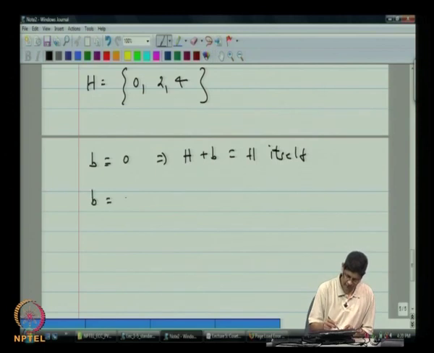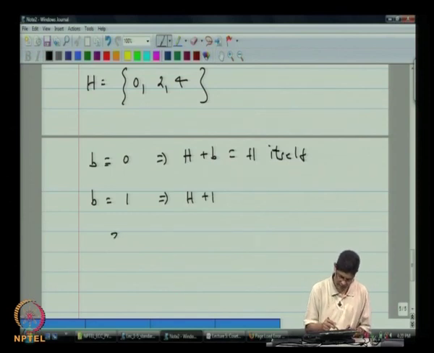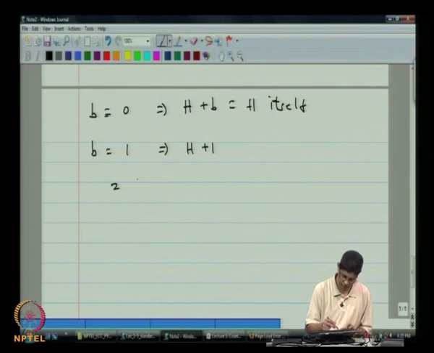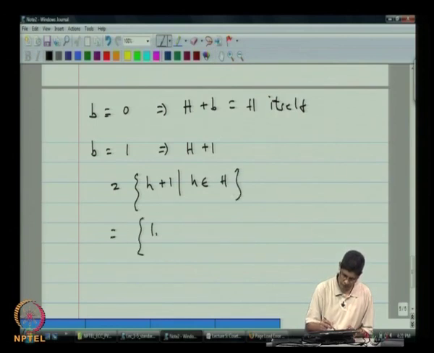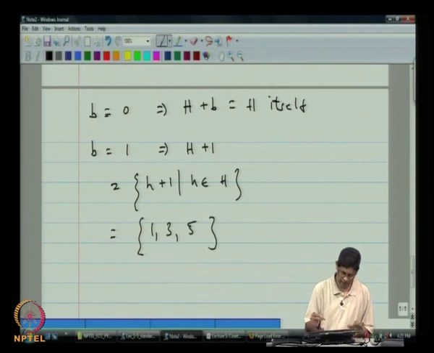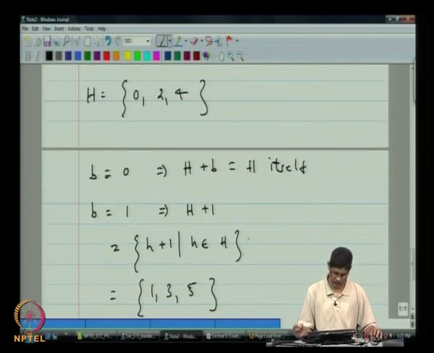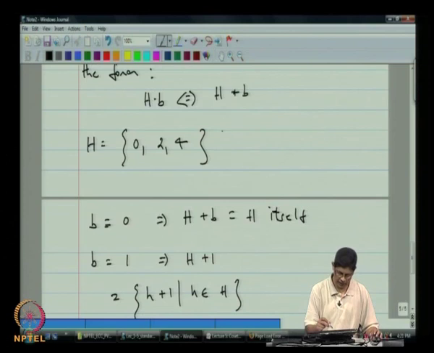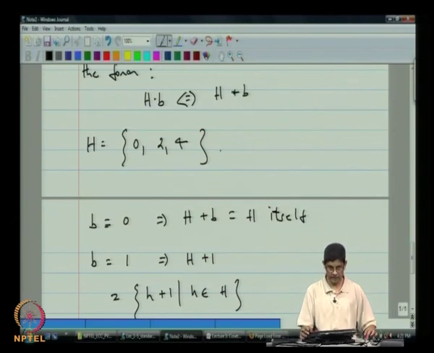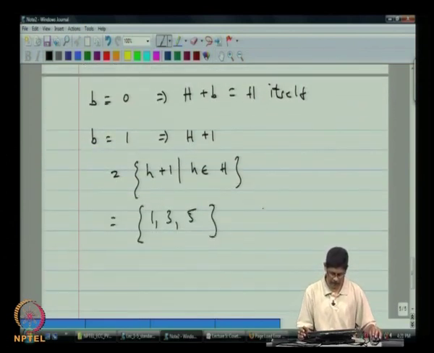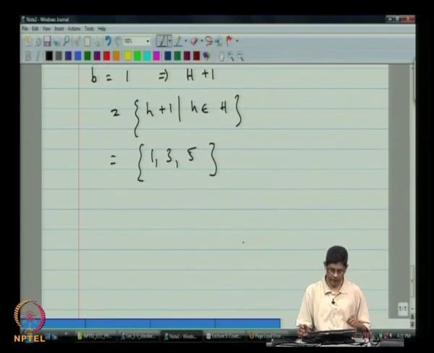If you set B equal to 1, then H plus 1, remember that this is the set of all elements of the form h plus 1, where h belongs to H. So, this is nothing but the set {1, 3, 5}. You might think of this as the odd subset. So we started out with one equivalence class being H itself, which is the even subset, and another equivalence class being the odd subset.